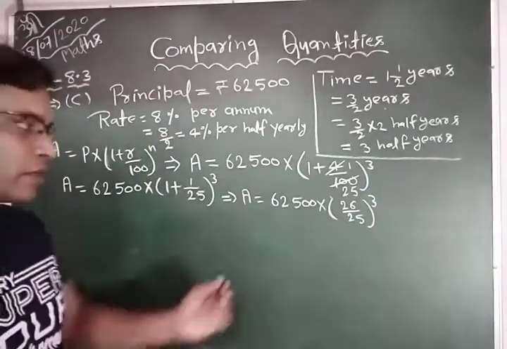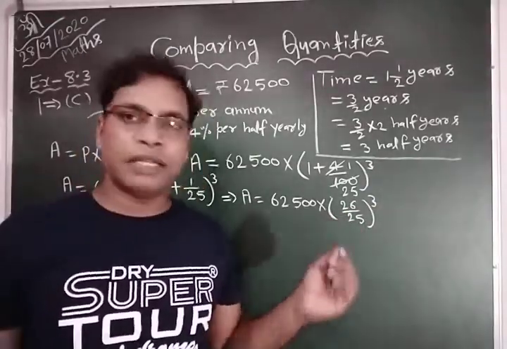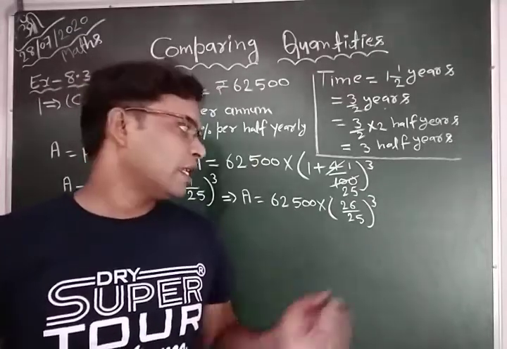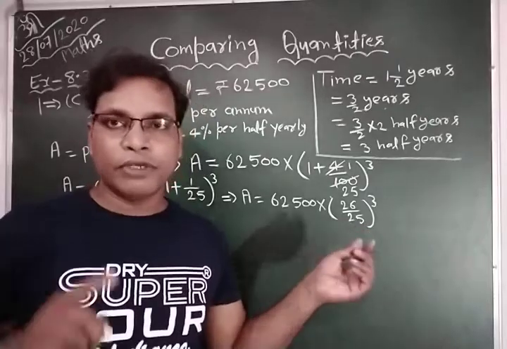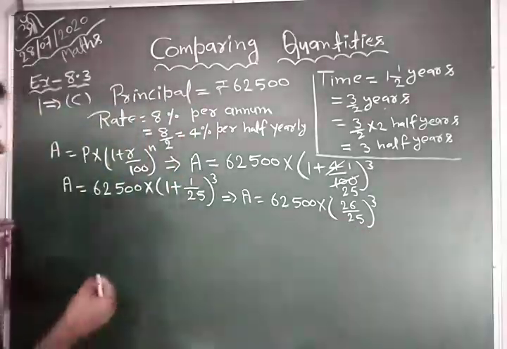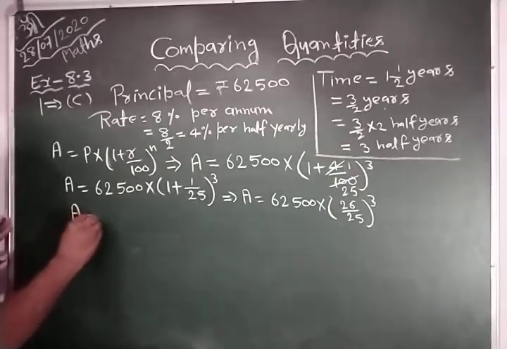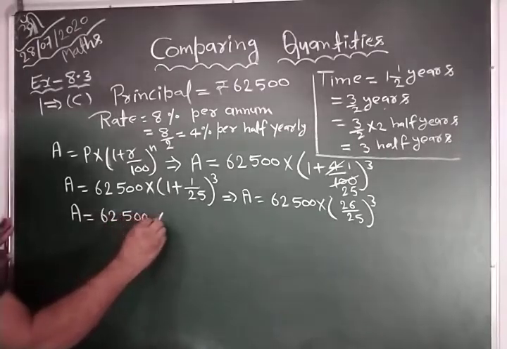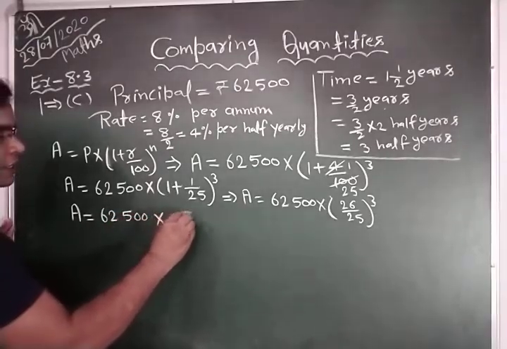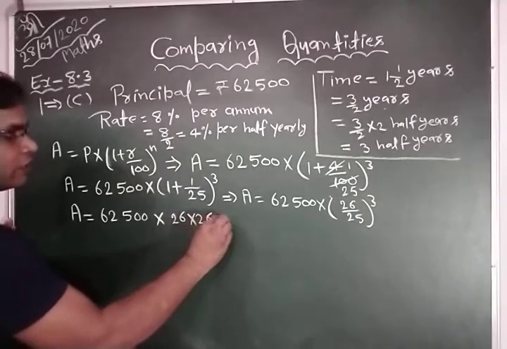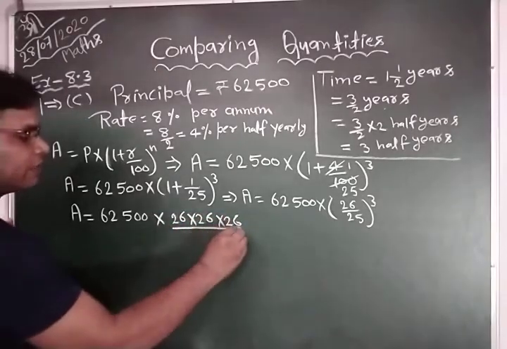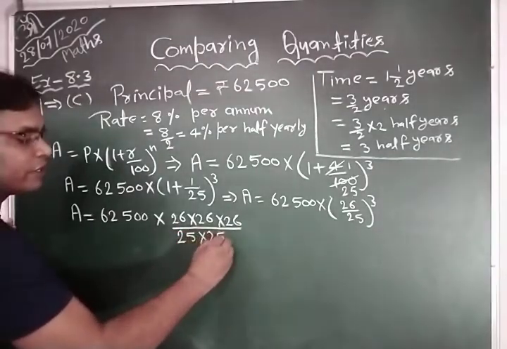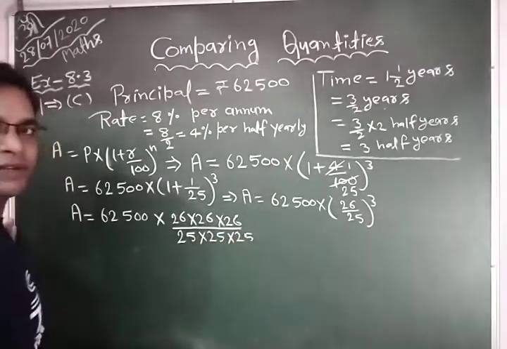Clear? Now 26 to the power 3 and 25 to the power 3. We can write it as 26 into 26 into 26 divided by 25 into 25 into 25. So amount is equal to 62,500 into 26 into 26 into 26 divided by 25 into 25 into 25.